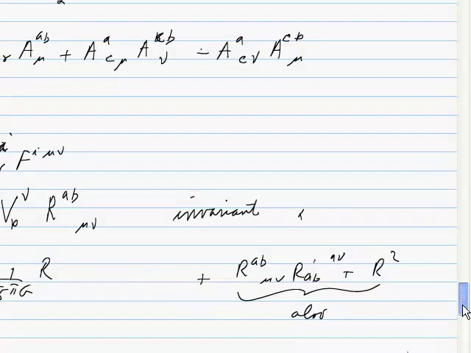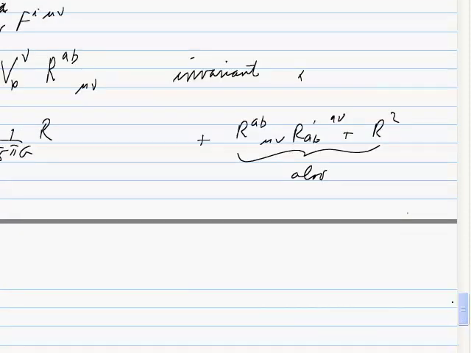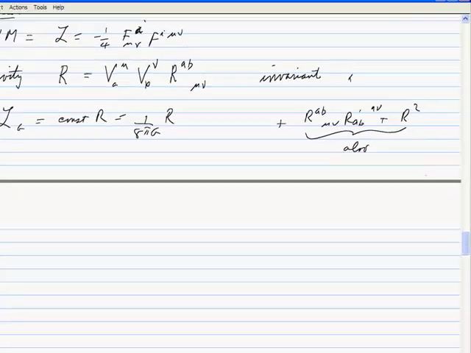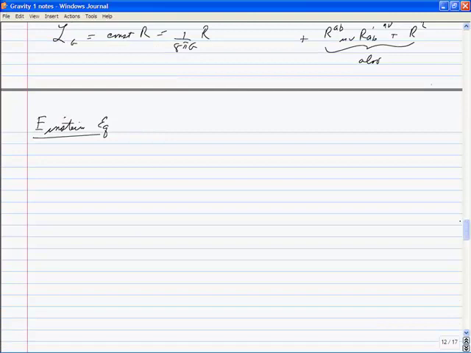Let me just then show you how the things hang together. Right now, so the Einstein equations. Okay. At this stage, in this construction, we have two independent fields.